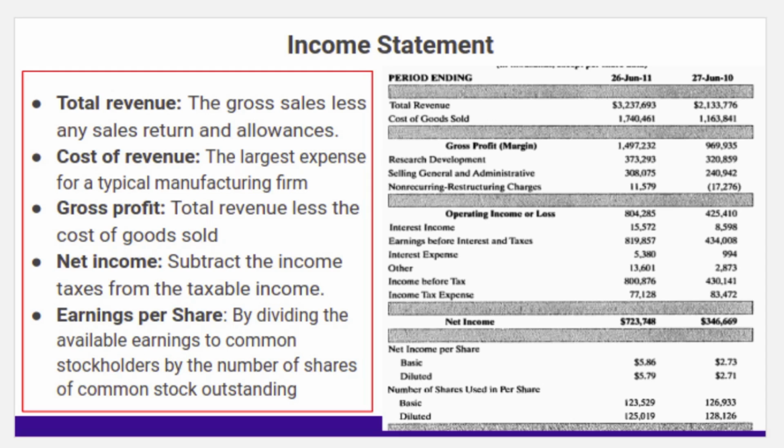Stockholders and potential investors want to know what their relative share of profit is, not just the total dollar amount. On the next slide, we will learn another important piece of financial information provided in the income statement, and that is dividends and retained earnings.